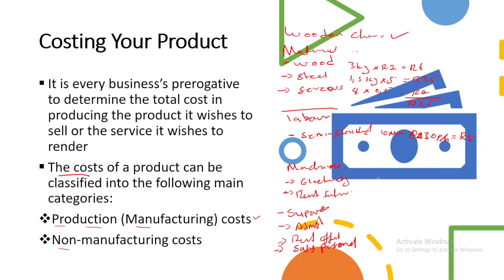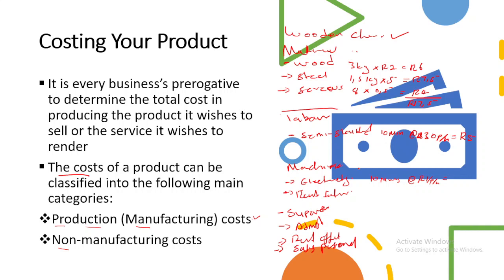So when you use the machine per hour, or let's say per chair, it takes him again 10 minutes, and then we are paying electricity cost at 1 rand per hour of usage of this machine. So this is just going to be the cost. I'm just making an example. So that means it's going to be 10 divided by 60 multiplied by 1.